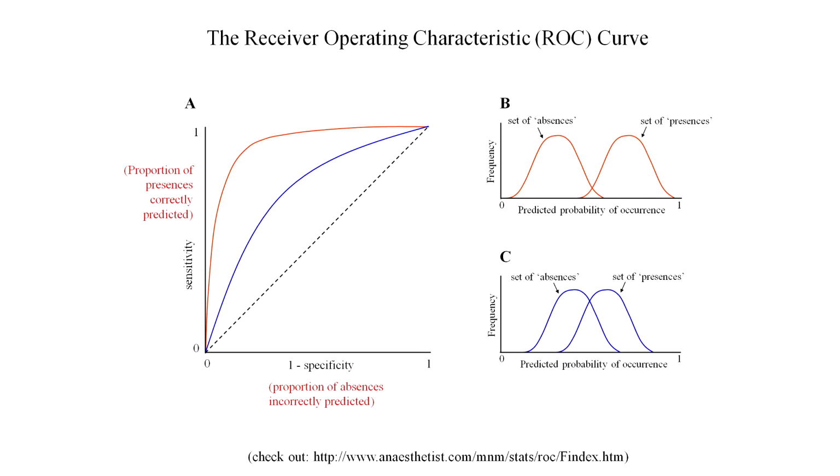Partly because of convention, and partly because it works out nicely in terms of how we draw this plot, we plot that against 1 minus the specificity. The specificity is the proportion of absences that are correctly predicted, so 1 minus the specificity is the proportion of the absences that are incorrectly predicted. Okay?